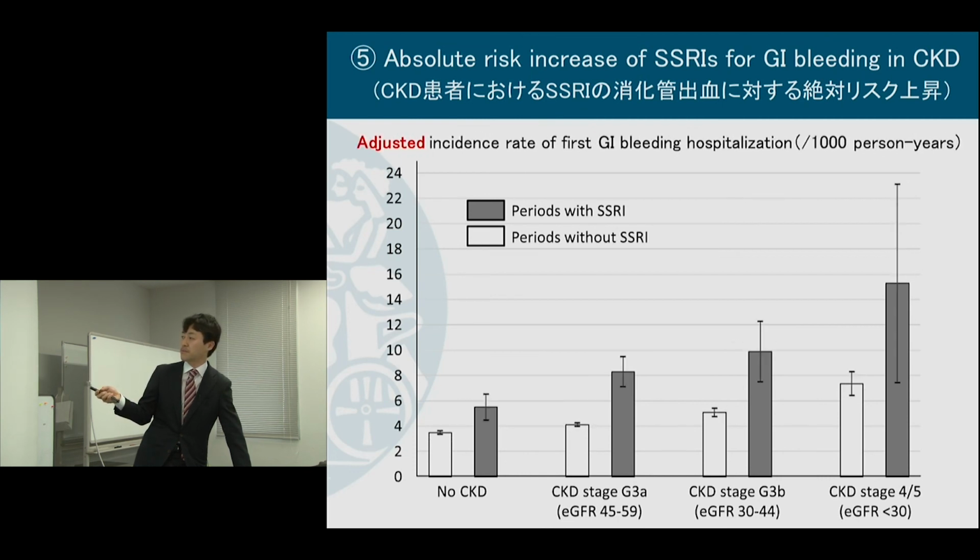Because by adjusted analysis, the model assumes that the confounding factor is equally distributed between these 8 groups. So it's a kind of simulation of what happens if, for example, the distribution of diabetes or aspirin or smoking status was equal between 8 groups.